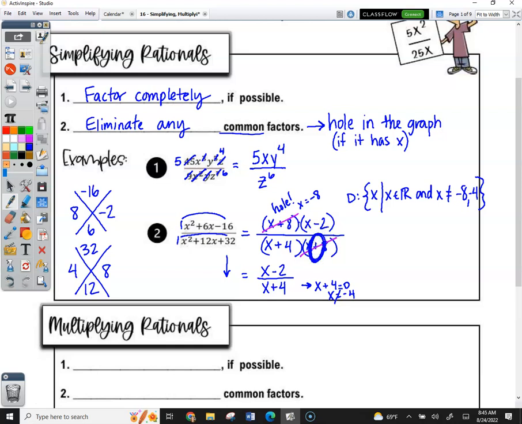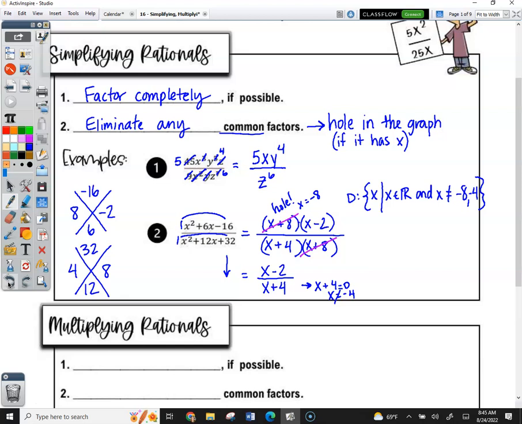And what's anything times 0? 0. And where is this? In the bottom of the fraction, and that's the problem. It's just simplifying.